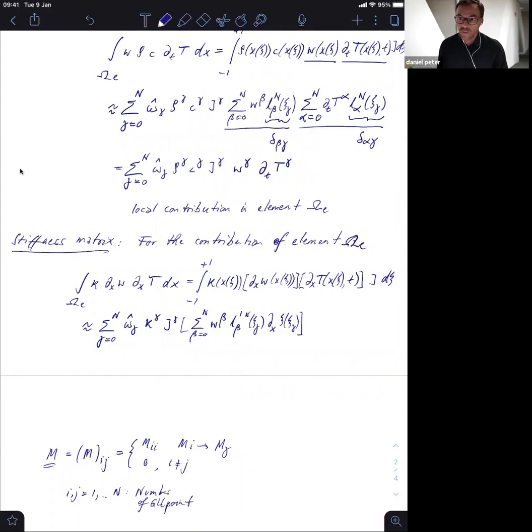So this is going to be the derivative with respect to x when we do the derivative in the local coordinate.